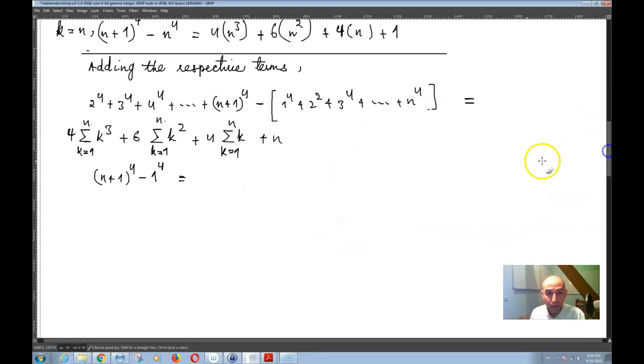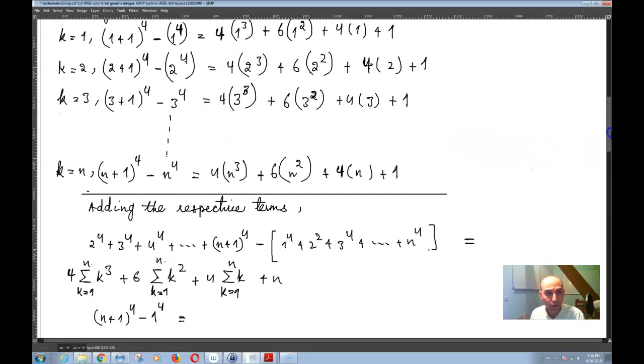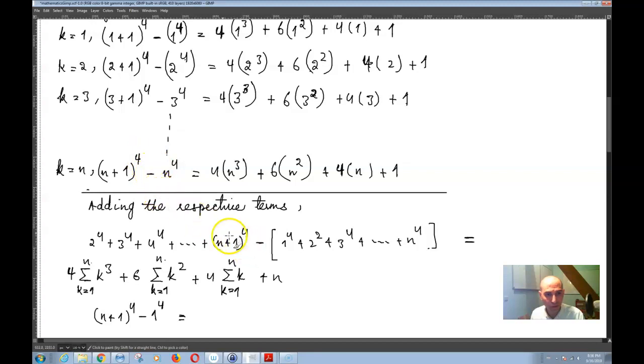So I can write this whole thing as n plus 1. This is the other side of the equation, which we figured out was (n plus 1) raised to the power 4 minus 1 raised to the power 4.